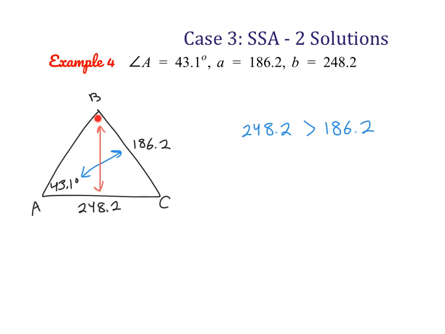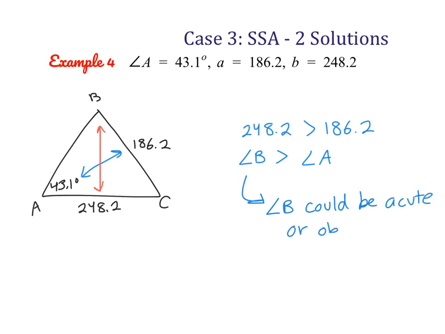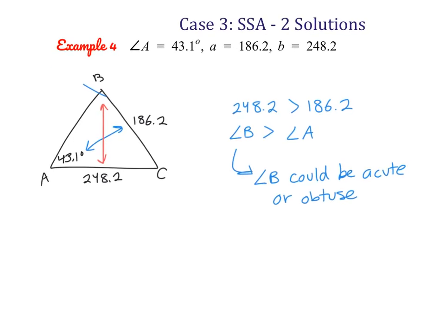Okay, that means that angle B, the opposite side, is larger than angle A. So since angle B is greater than angle A, that means angle B could be acute or obtuse. So this is a case where we may have two triangles, or of course we may get no solution depending on the numbers.